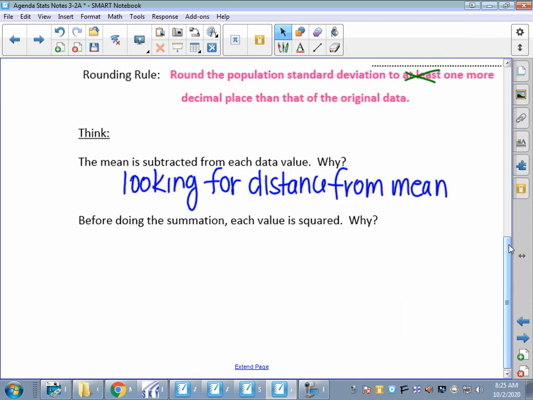Before doing our summation or our sigma or our sum of, it tells us that we have to square each value. Why is that? Because we could be in a negative or a positive distance from the mean. And so we have to take care of that negative sign, so everything becomes positive.